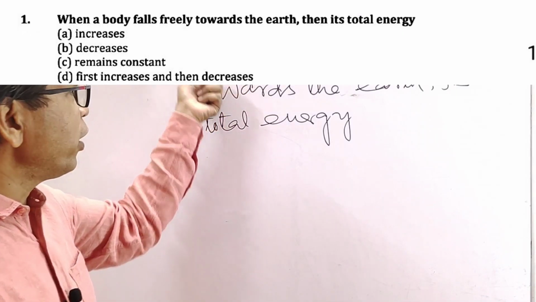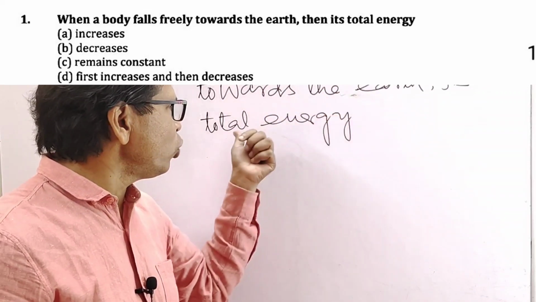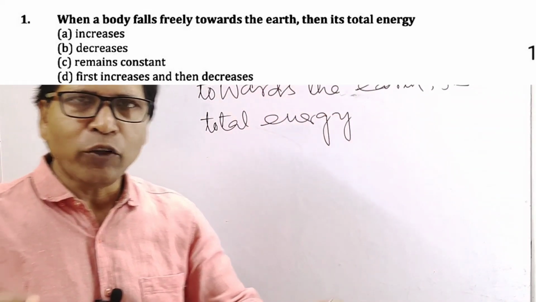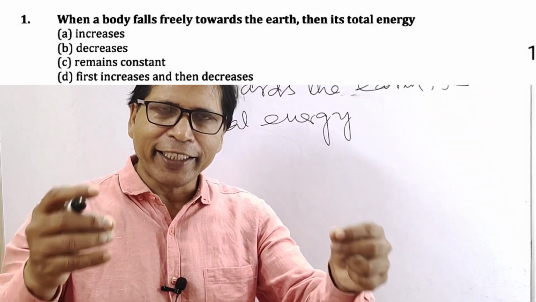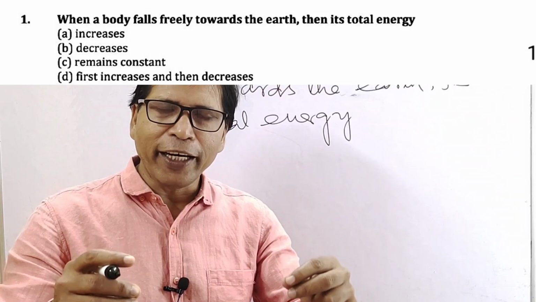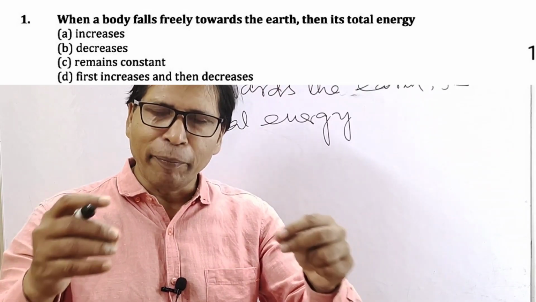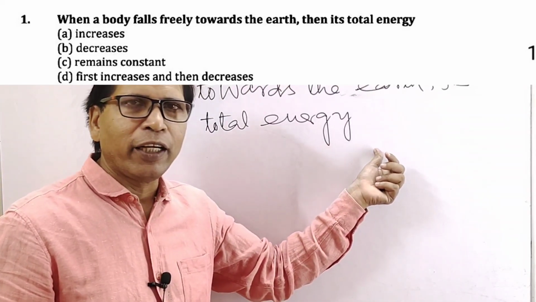Exemplar question number 1. When a body falls freely towards the earth, its total energy. Look at this. When a body falls freely, its energy is kinetic energy and potential energy. The sum of potential energy plus kinetic energy is the mechanical energy. So what happens to its mechanical energy?